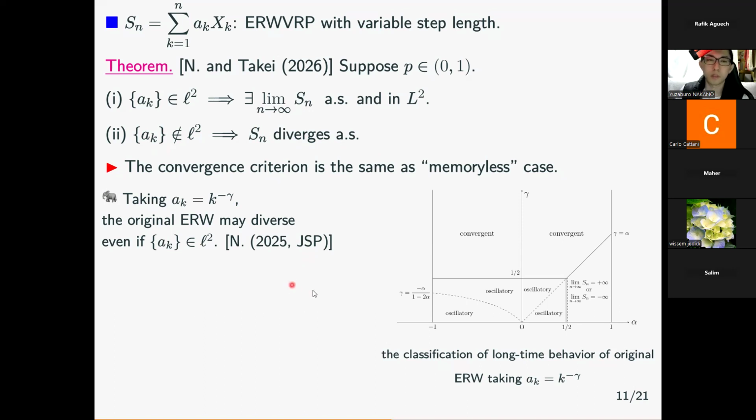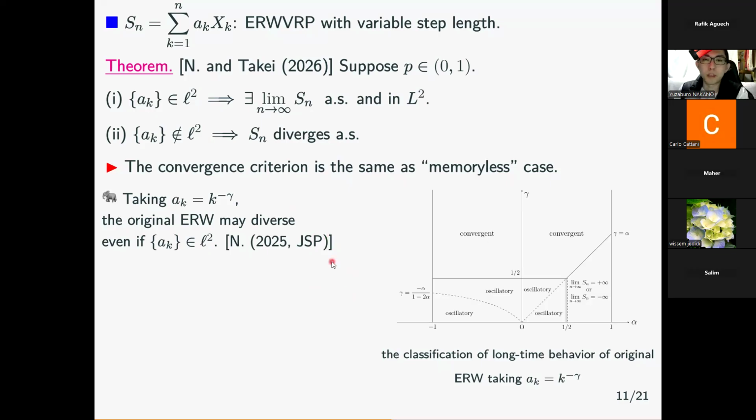But in the first case, we have to assume that the step xk has a finite second moment. So compared with simple random walks, the convergence criterion is the same as in the memoryless case. This means the convergence criterion is the same as the simple random walk case.